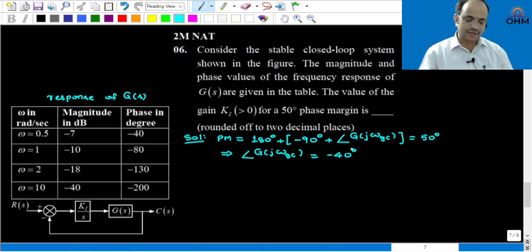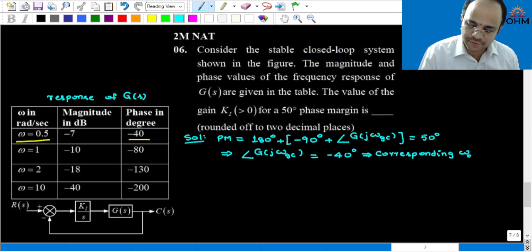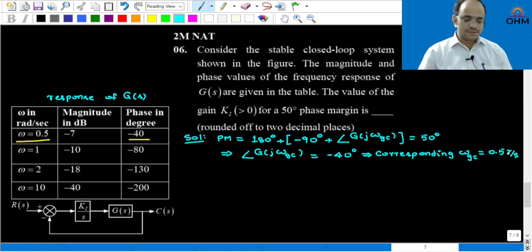Minus 40 degree. Now, if you look into the table, corresponding to minus 40 degree, the frequency is 0.5 radian per second. And the corresponding omega, that is called the gain crossover frequency, is 0.5 radian per second.